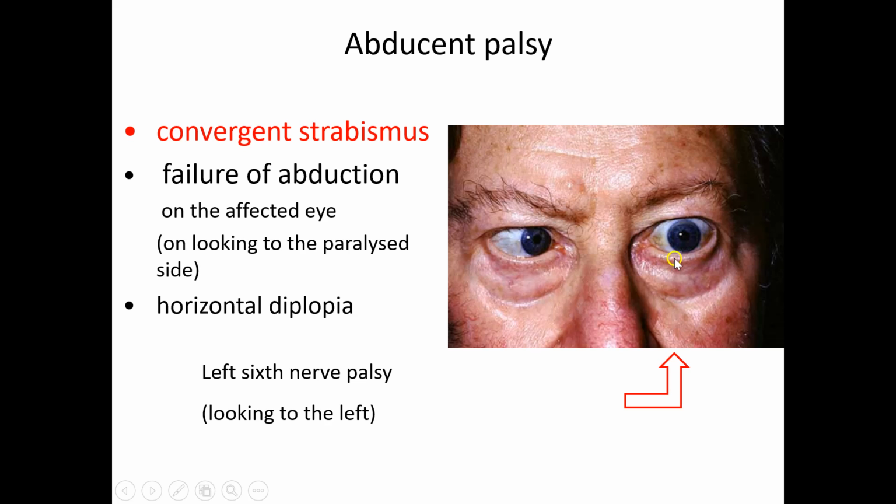So this eye is involved, as there is lateral gaze palsy and the patient is unable to abduct the eye on the left side or left field of vision. So there is failure of abduction of the affected eye on looking to the paralyzed side. There is horizontal diplopia associated with the abducens nerve. We discussed vertical diplopia associated with the trochlear nerve.